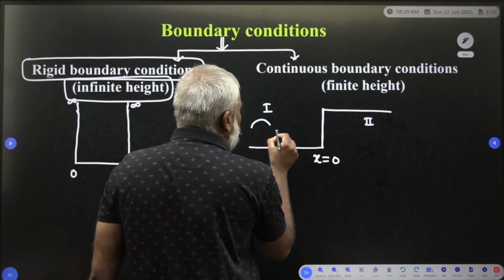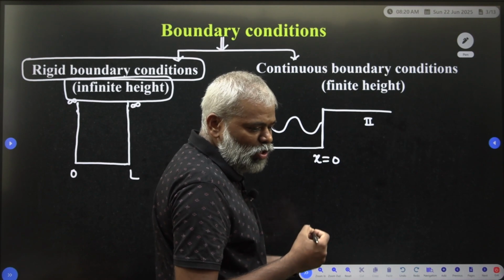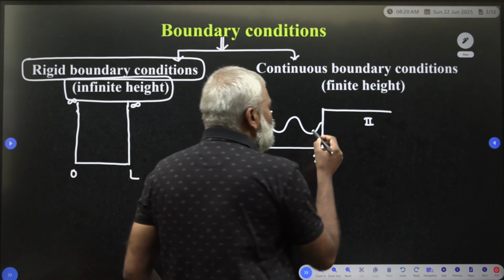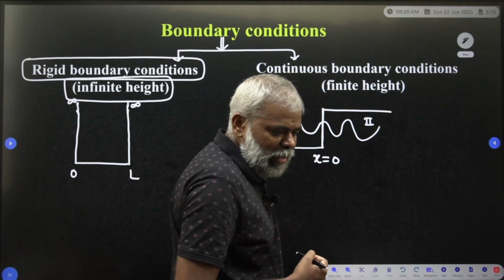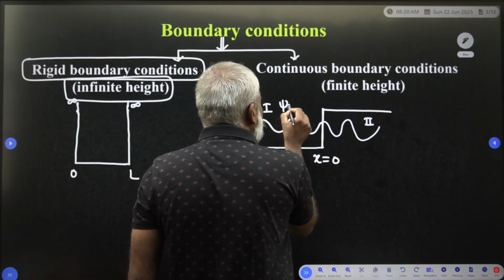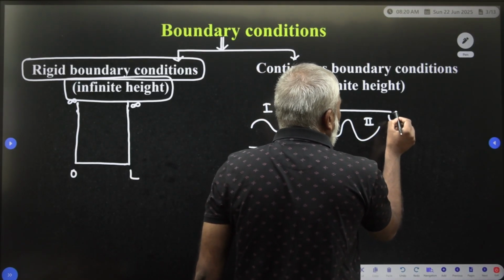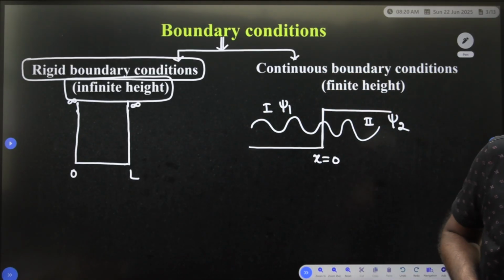Now the wave is propagating and incident on the boundary. Some portion should be reflected back, and some portion should be transmitted into the other medium. Clear? Here the wave function is psi 1, and here the wave function is psi 2.